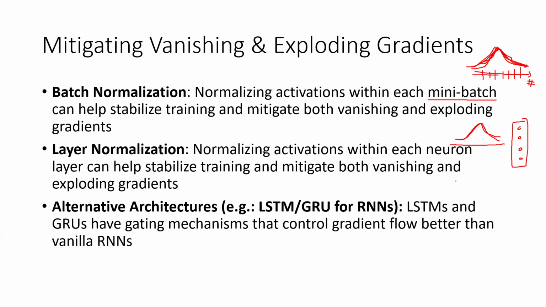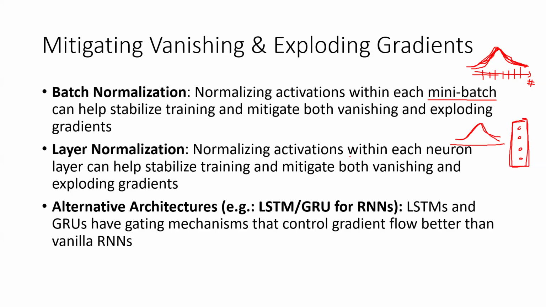So batch normalization and layer normalization are other techniques so that you would not have too large values or too small values. When it comes to batch normalization, we are doing it on a weight basis. When it comes to layer normalization, we are doing it layer by layer.